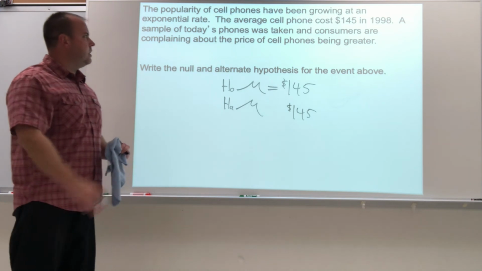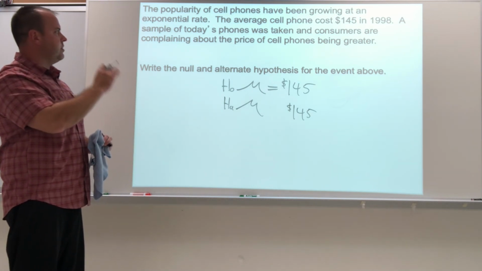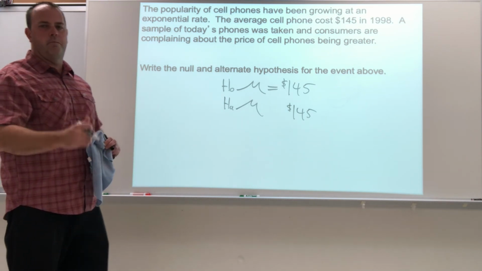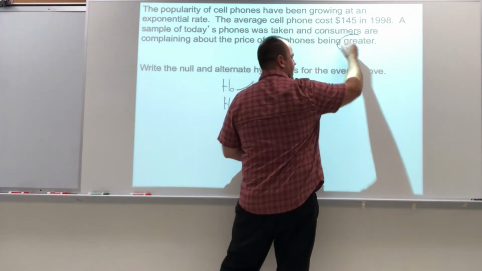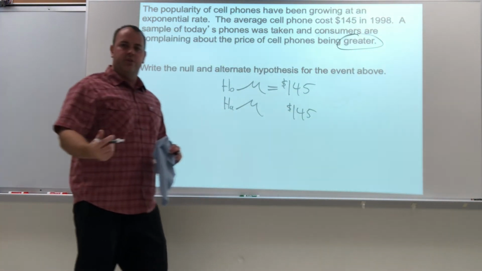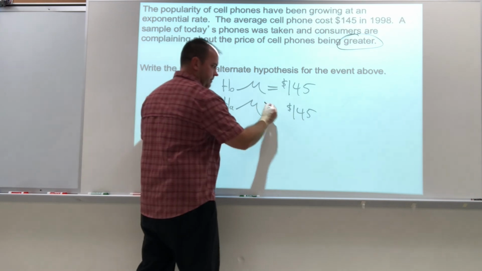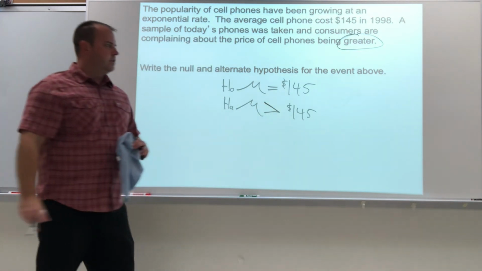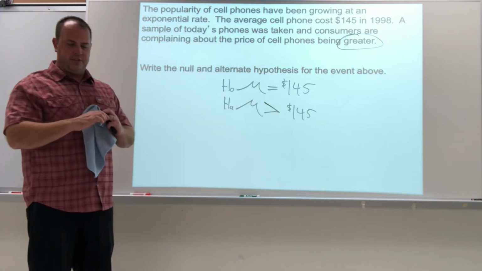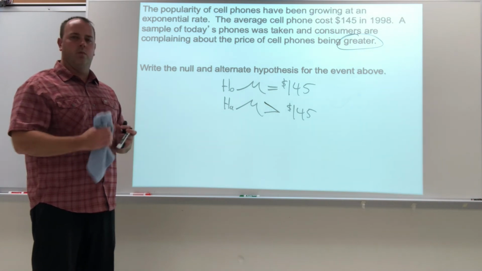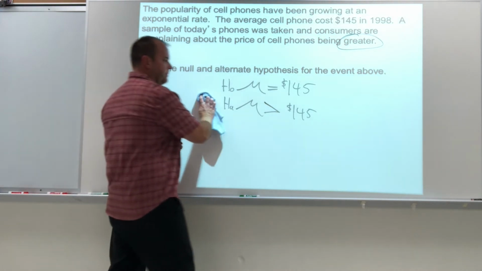Reading through here, the last line, customers are complaining about the price of cell phones being greater. So we want to test now, is the average price increasing? Greater than. So there's our null and alternative. We would start basing our answers on running our test and seeing which one we believe is true.